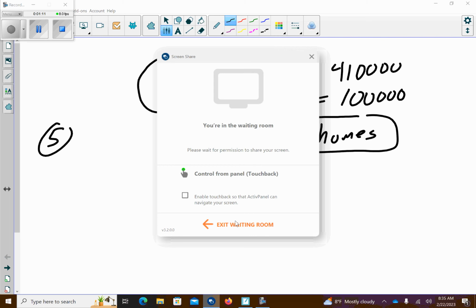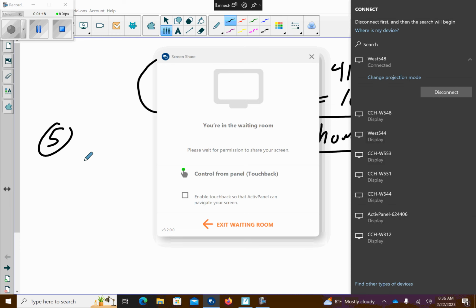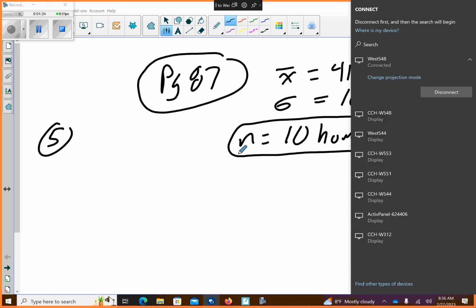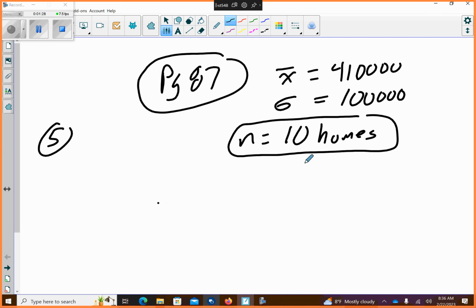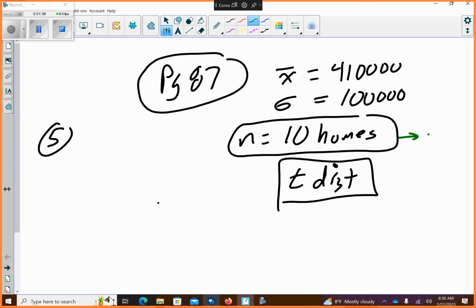It's a T distribution because we have less than 30 items. All right, so this has to be a T distribution because of this.